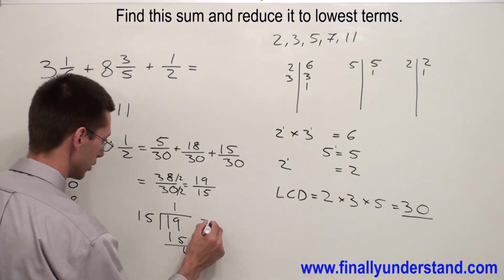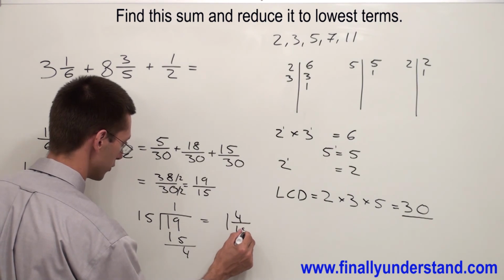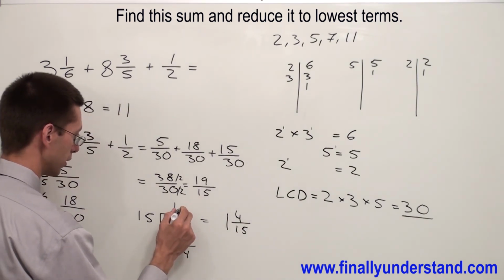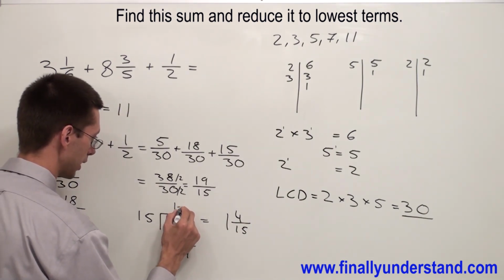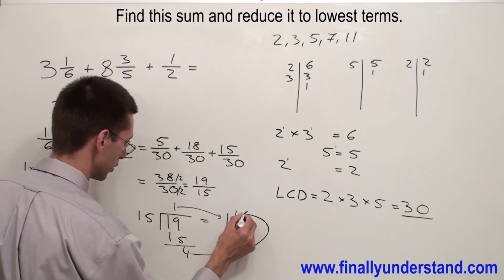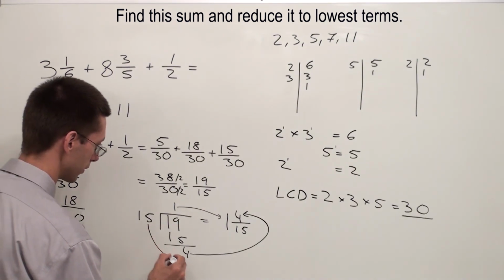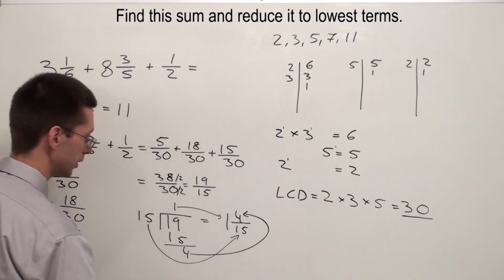So my answer is 1 and 4 over 15. For this division, the top number goes to the front, the remainder goes to the numerator, and the divisor will go to the denominator.